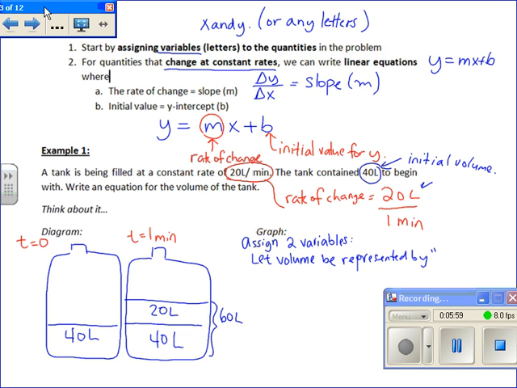We could also think, if we want to use x and y, if you look at your rate of change, 20 liters per minute, whenever you graph one variable against another, time is always graphed on our x-axis. This is true. So we're going to let time in minutes be our x, and let's let the other variable, which is volume, be our y. So let y represent volume, and let time in minutes be represented by the letter x.